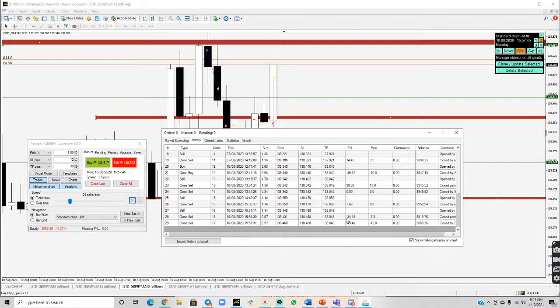So there about, we save ourselves roughly about $30 to $40 just by managing the risk.